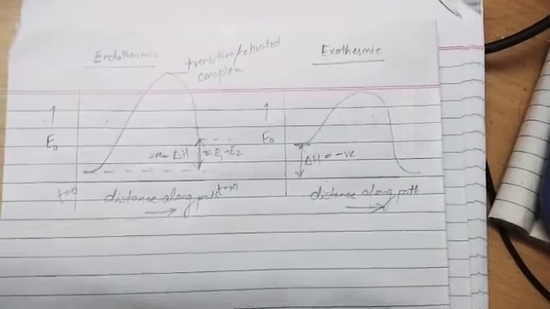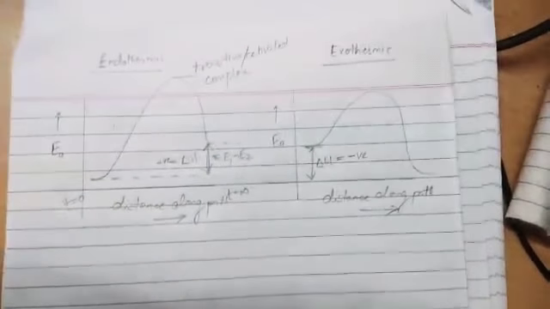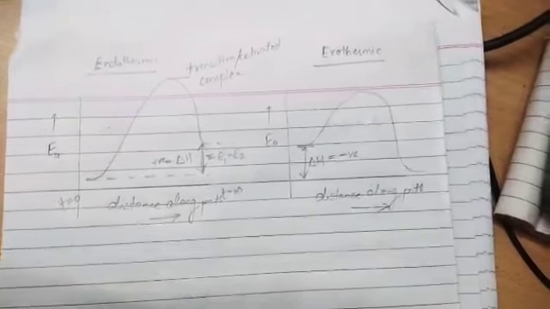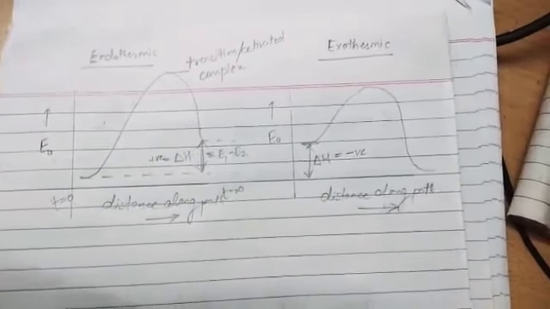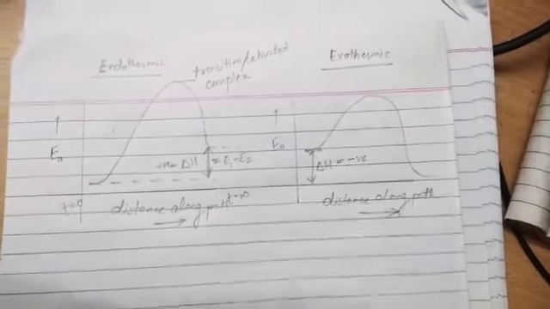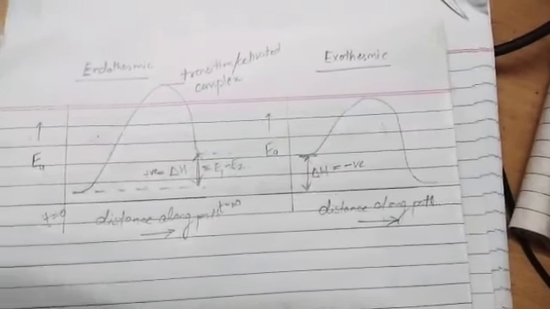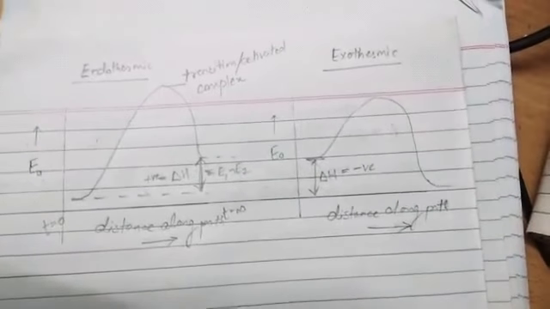Now guys, we want to replace our enthalpy term with the activation energy term, and for that we will have to use the plot of energy and the distance along the reaction path. These are two plots: the left one for the endothermic reaction and the right one for the exothermic reaction. That's why delta H is negative on the right hand side and positive on the left hand side.